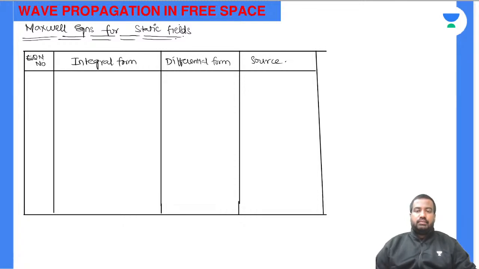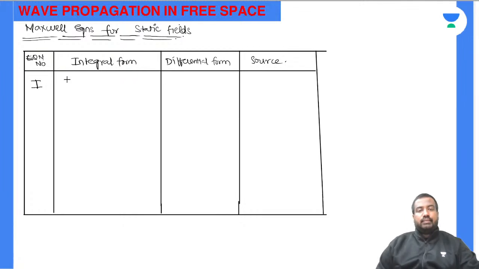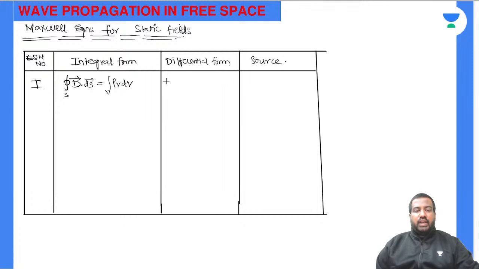Bhaskar, Surendra, Anil, Sneha, anyone? What is the first Maxwell equation? Equation number 1 is from Gauss Law. Closed surface integral of D dot dS is volume integral of rho v dv.